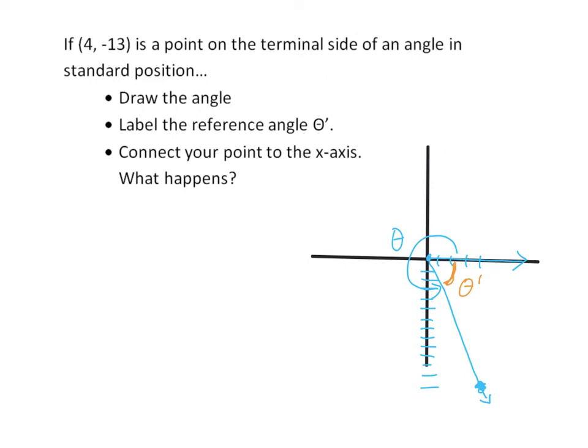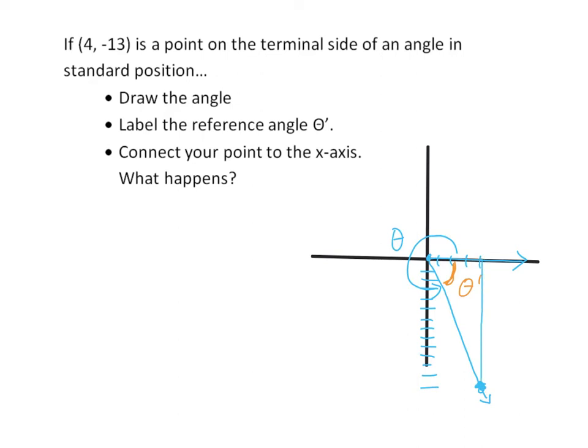And now the directions say connect your point to the x-axis. And what I mean by the x-axis is the nearest x-axis that we just used to create theta prime. So we're going to connect this point down here, the point (4, -13), with this x-axis up here.